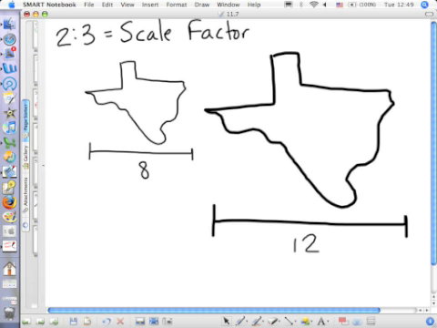We're going to put the small one first, just because that's what we're going to do. Now, that means that the ratio of their perimeters is 2 to 3, yet the ratio of their areas is 4 to 9.